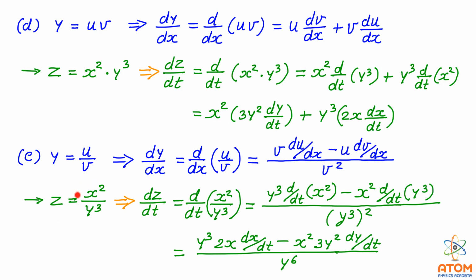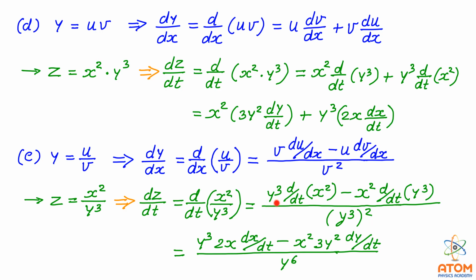If z is given as x square by y cube, and we want to take differentiation of this z with respect to time t, then it is dz by dt. That means it is d by dt of x square upon y cube. So I'll put the denominator, that is y cube, into differentiation of the numerator, that is d by dt of x square, minus numerator into differentiation of the denominator, that is x square into d by dt of y cube, divided by square of the denominator, that is y cube square.